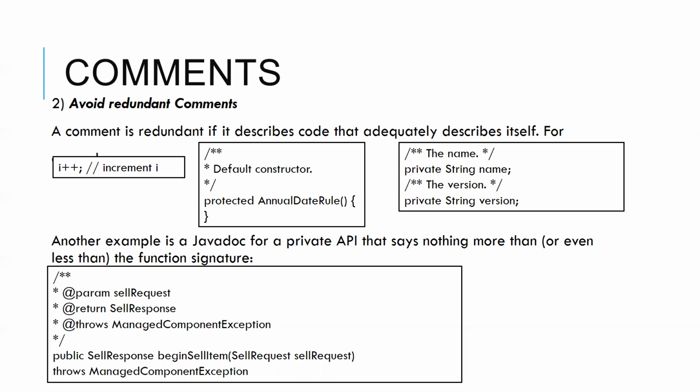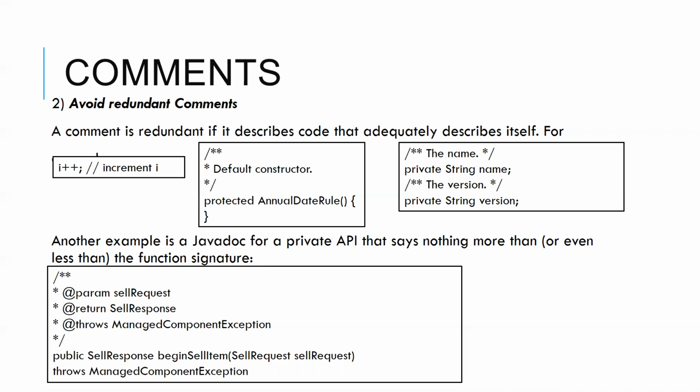Also, some people follow this coding convention that they define a Javadoc for a private API that does not say more than, or even less than, the function signature. Now let's look at the code at the bottom. The comment says there is one parameter, cell request, which the function accepts.